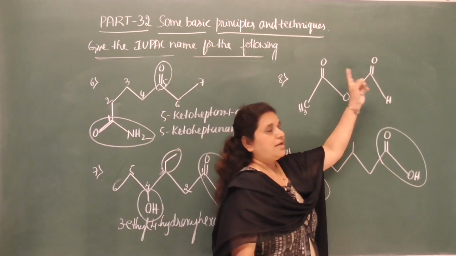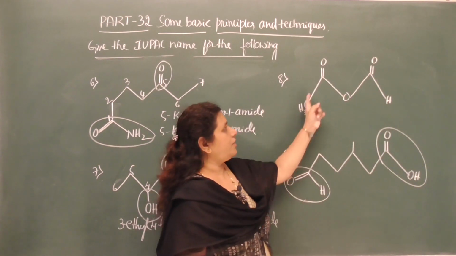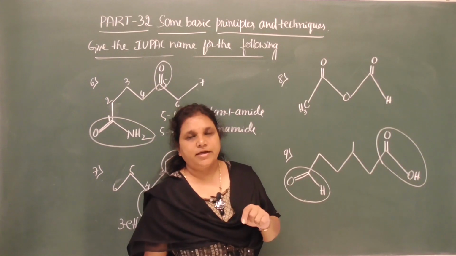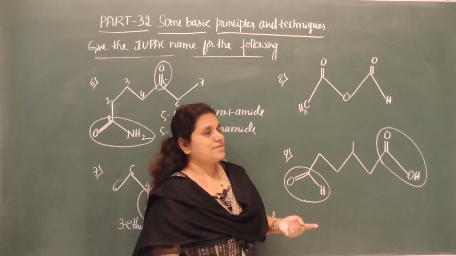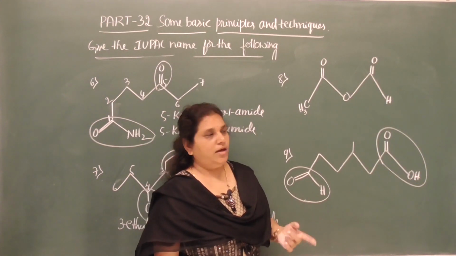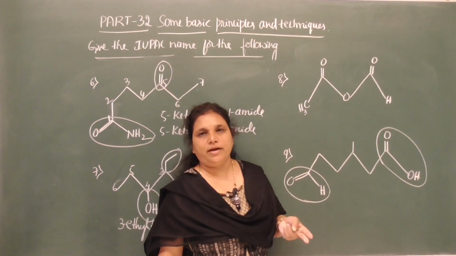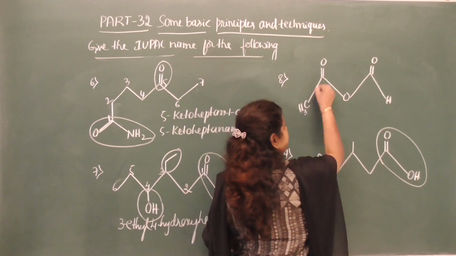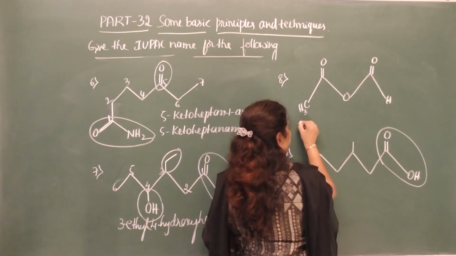So it is an anhydride of ethanoic and methanoic acid. When an acid contains only one carbon, then it is methanoic. If an acid contains two carbon atoms, then it is called ethanoic. Therefore, the name of this is ethanoic methanoic anhydride.